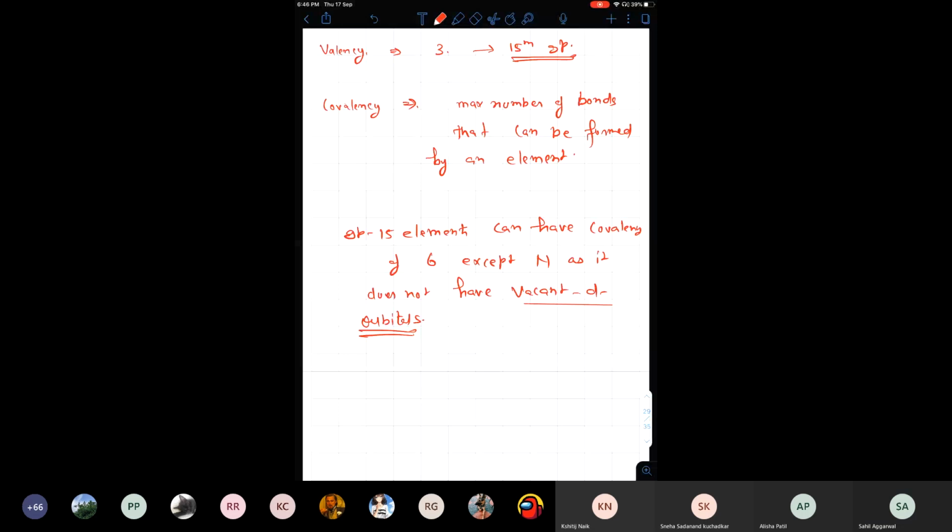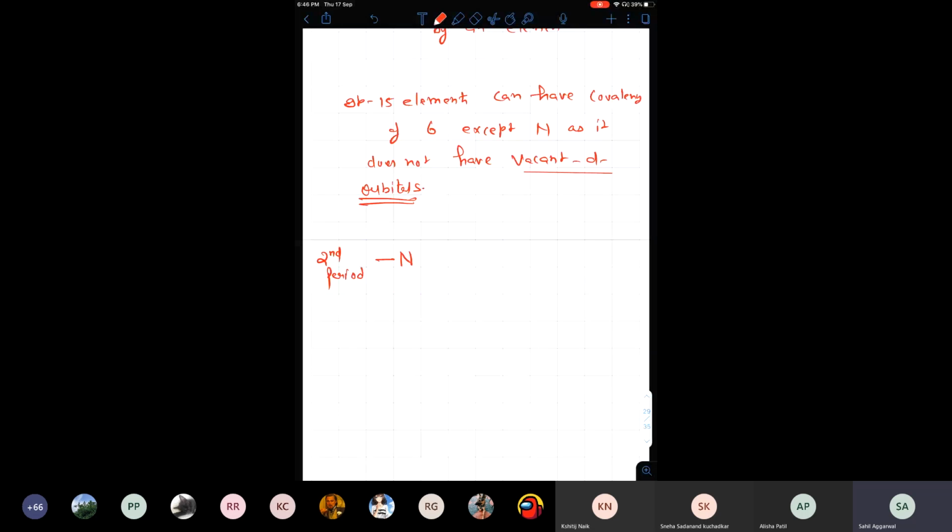Nitrogen, a second period element, has a covalency of 4. Nitrogen can maximum form 4 bonds. Other elements can form 6 bonds. So their covalency is 6.